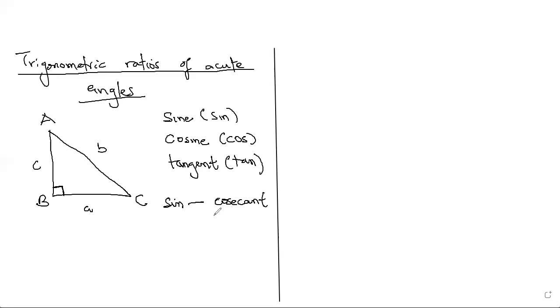So what is cosec? The reciprocal of sine is 1 over sine. And the reciprocal of cosine, 1 over cos, is called secant, or sec.